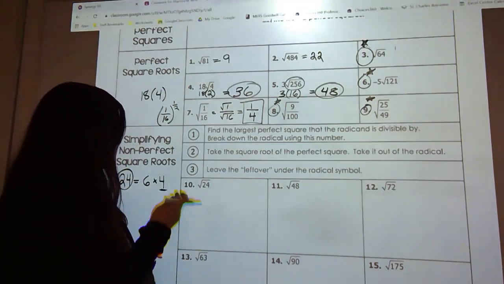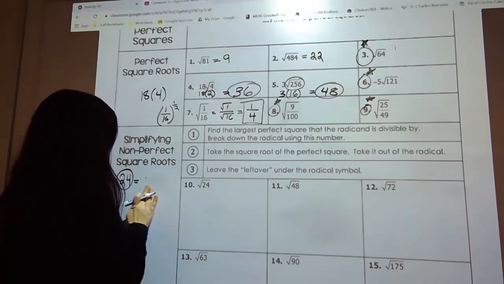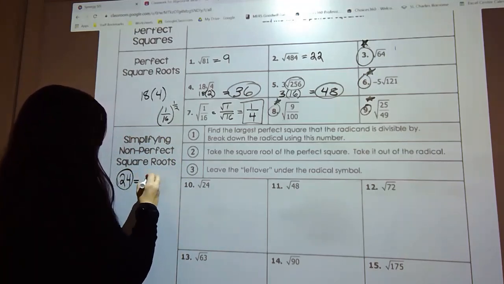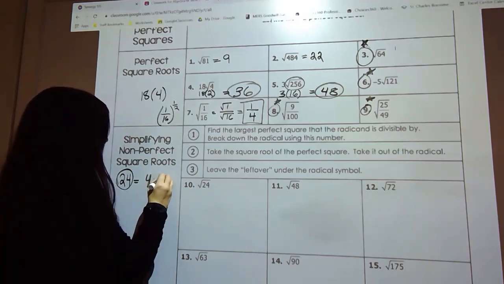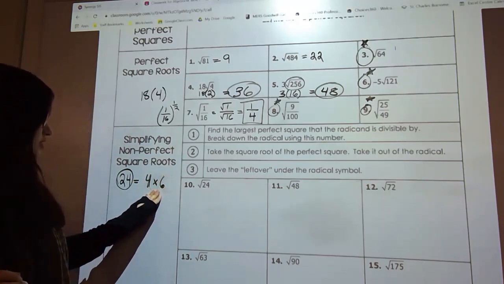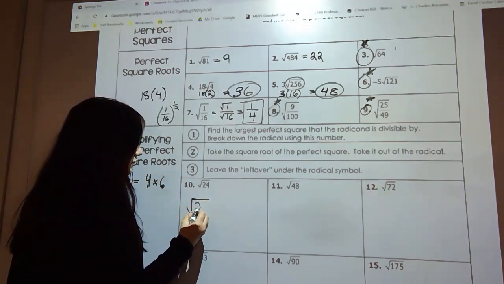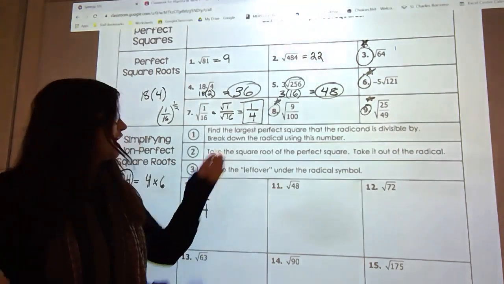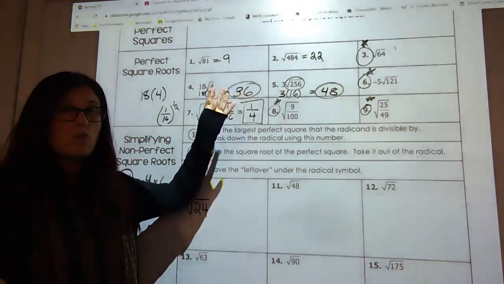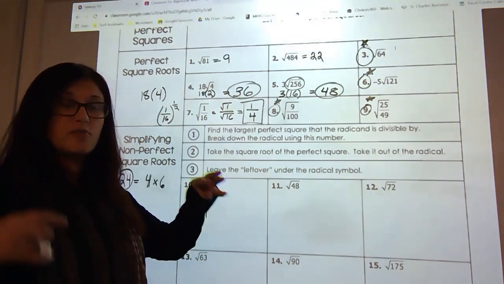So how is that going to help me? It doesn't really matter which order you write it in. Maybe I'll write it like this so that it looks really nice and easy. So what's that going to do for me? Well, whenever you are simplifying a radical, you want to get rid of the radical ideally, because it's not as clear of communicating that value.